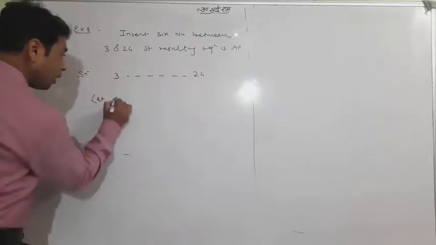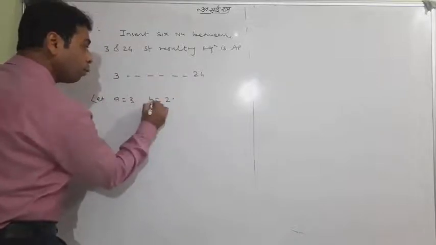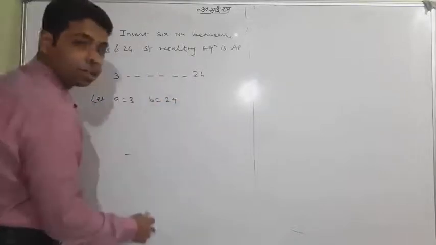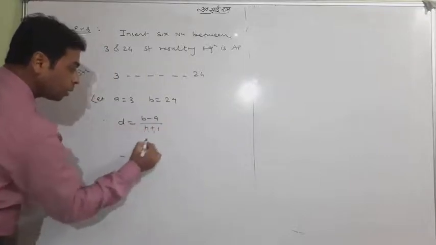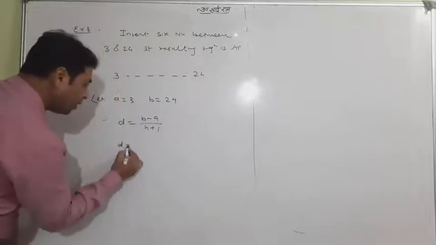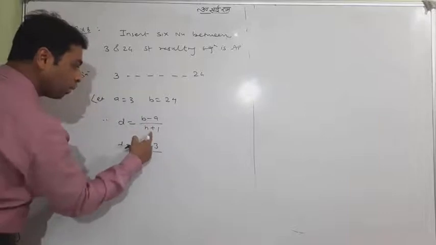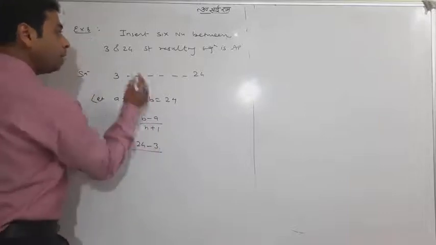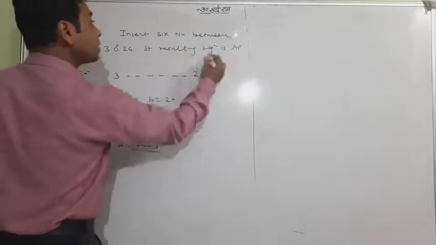So I'll use A equal to 3 and B equal to 24, first and last, and I'll go directly to D. So D is (B minus A) upon (N plus 1). Recently I derived it. So B is 24 minus 3 upon N plus 1. N means the number of mean terms. The number of mean terms was 6.